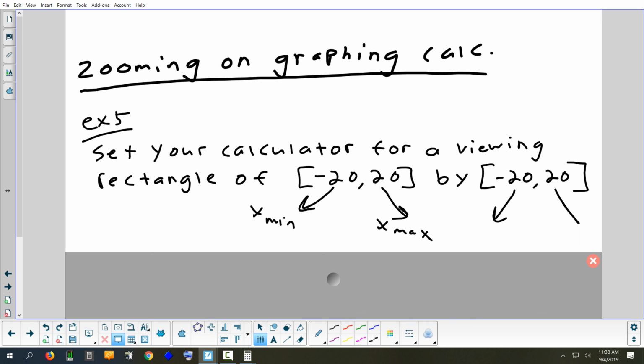They're always in this order. The next 2 values that they give you are for your y-axis. y-min, y-max. The hard part is not changing a window to some numbers that they give you. That's easy. The hard part is figuring out what these numbers should be on your own. How big, how small. That's the hard part.